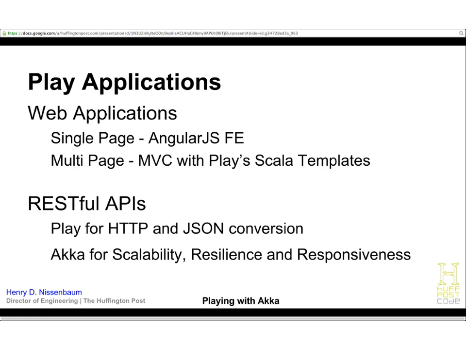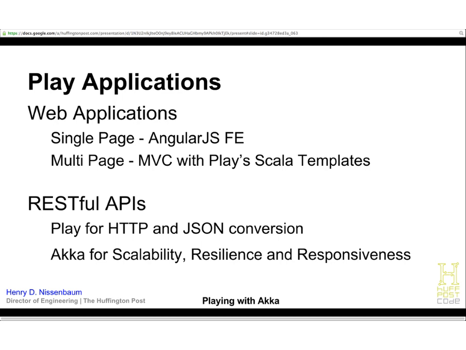In addition to web applications, we also have a number of RESTful APIs, internal and external, that are using Play for the HTTP layer, the authentication, those kinds of services, and conversion to and from JSON that's needed for the RESTful APIs. And behind the scenes on those RESTful APIs, almost all of them are using Akka to really handle the requests.